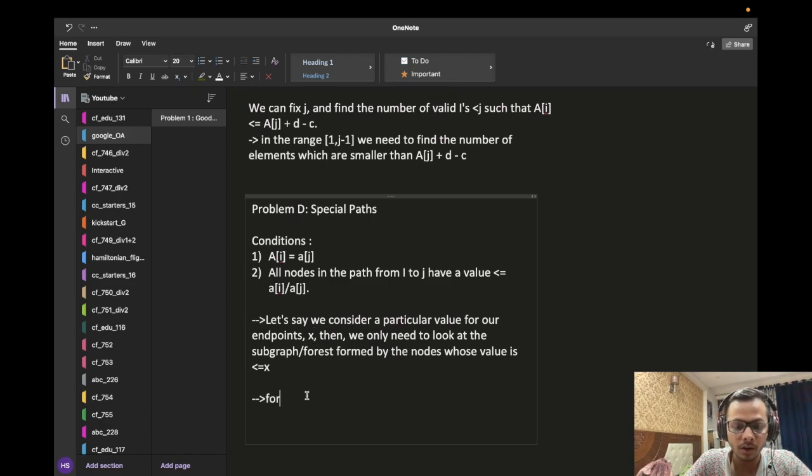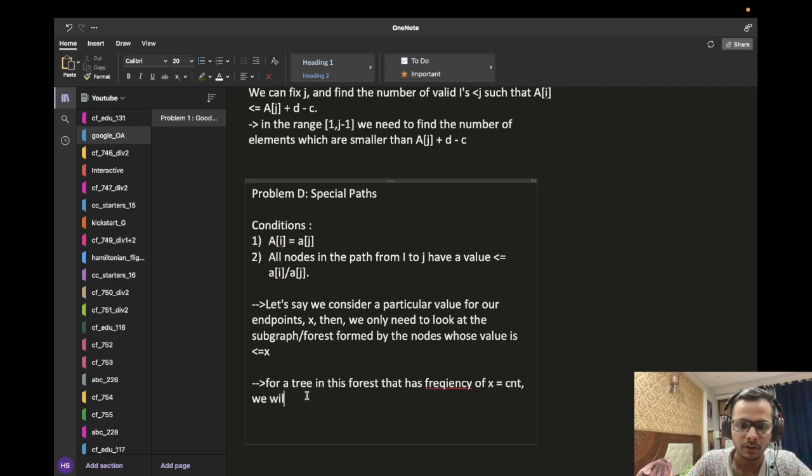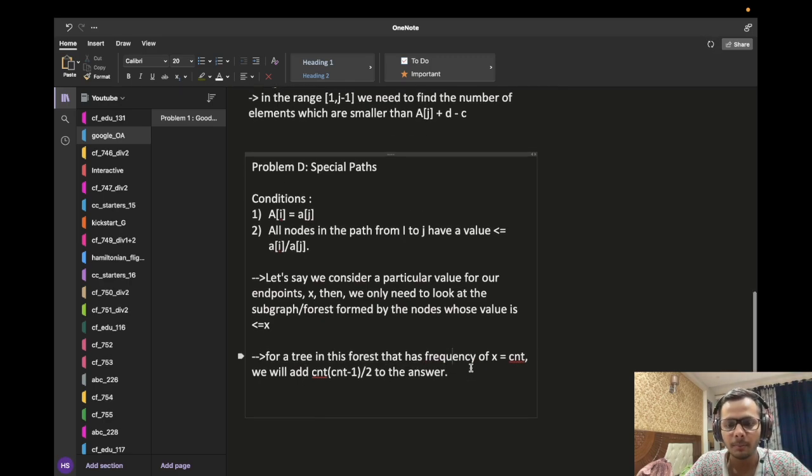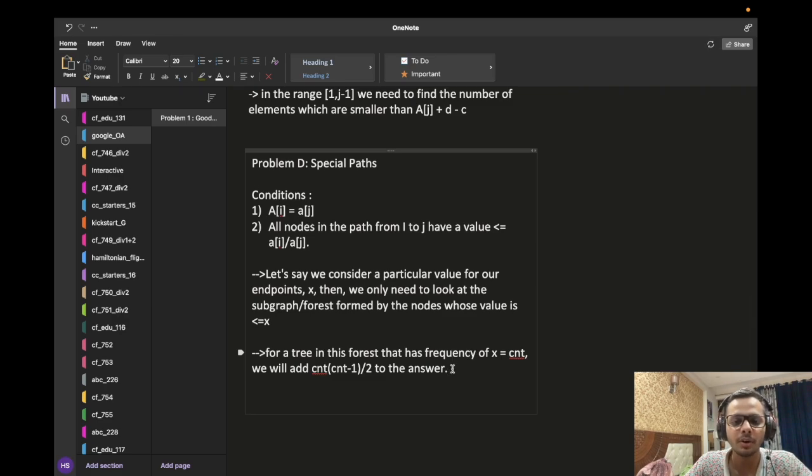So for a tree in this forest that has frequency of x equal to count, we will add count times (count minus 1) divided by 2 to our answer.